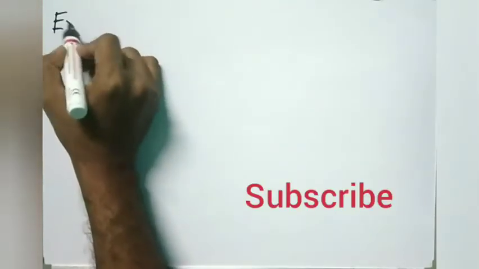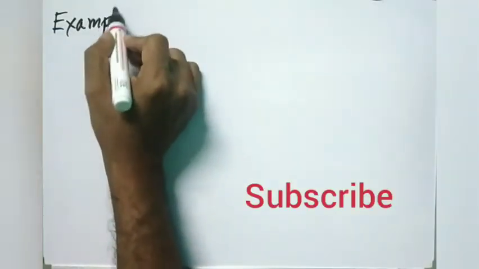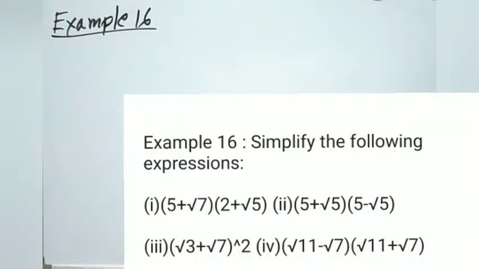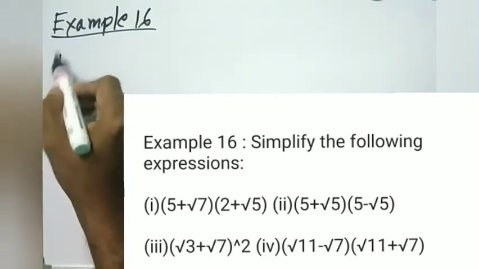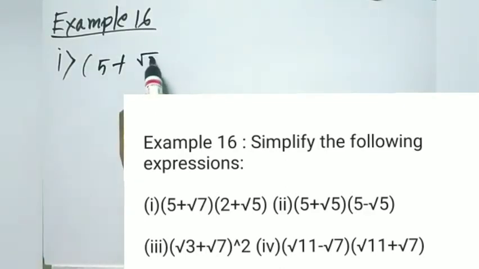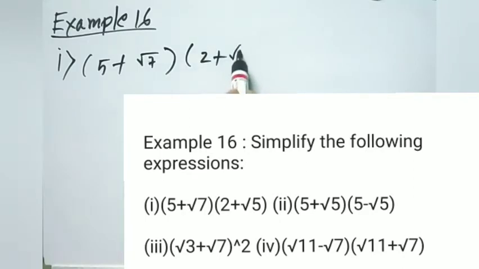Now example 16, you can see on the screen. Simplify the following expressions. The first one is 5 plus root 7 into 2 plus root 5.